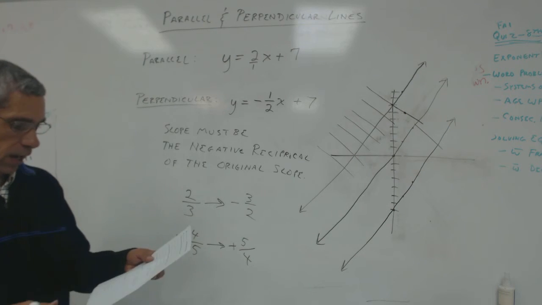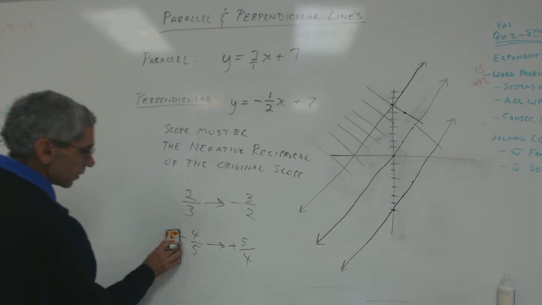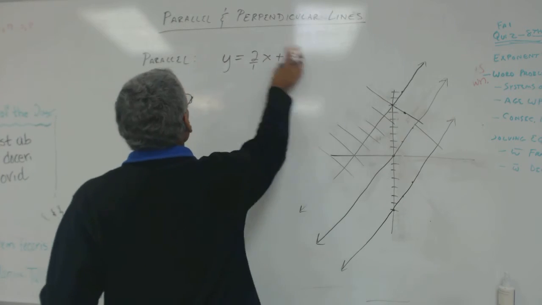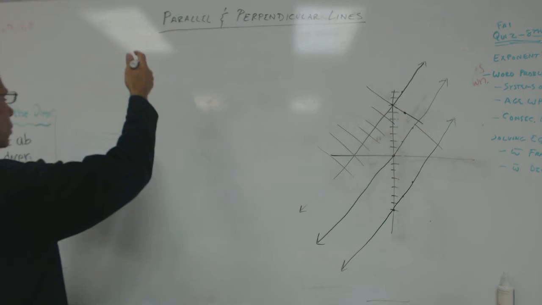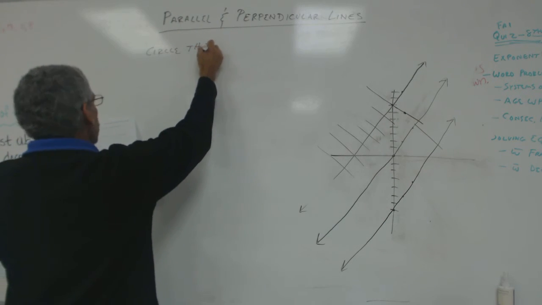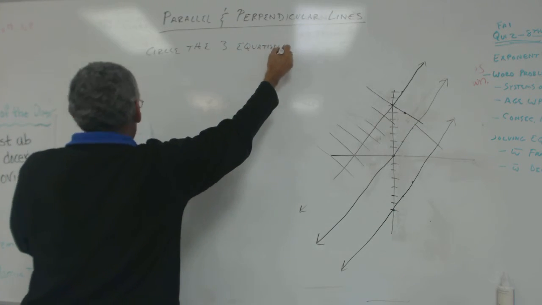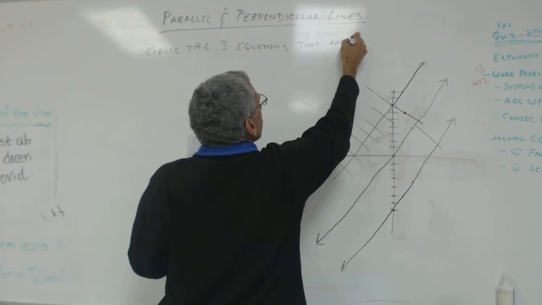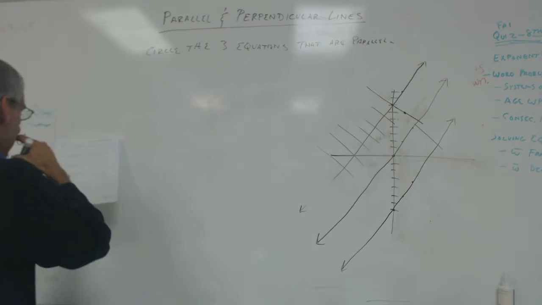Okay, one last thing. On the homework, I'm going to give you something like this. It'll say circle the 3 equations that are parallel. And then I'll give you something like this.